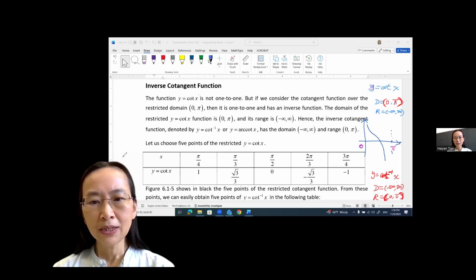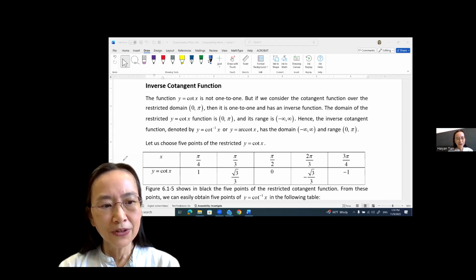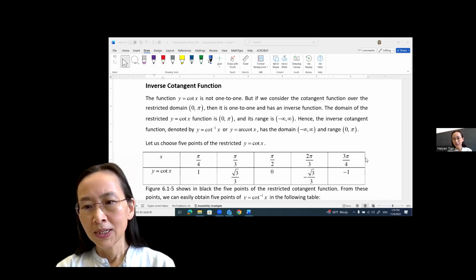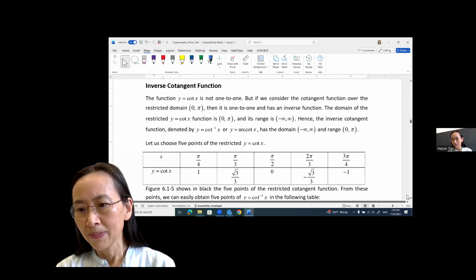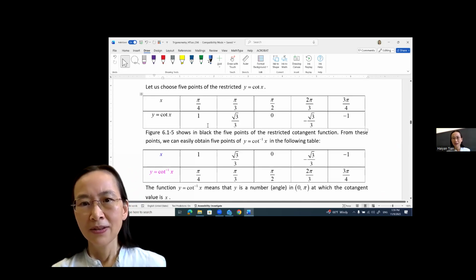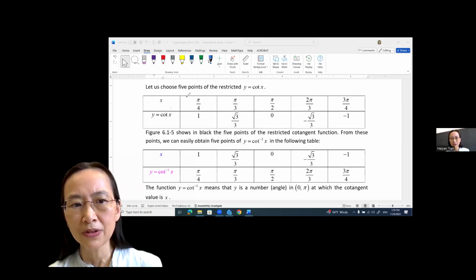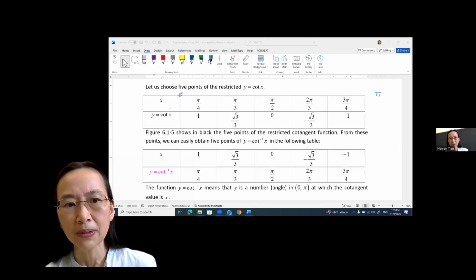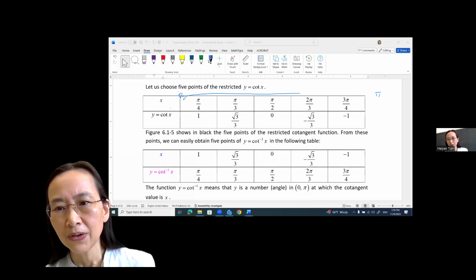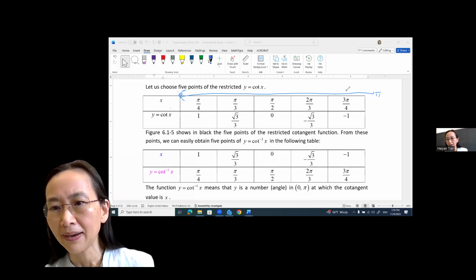Now we're ready to do a sketch. Sketch for the cotangent curve starts from some sample points. For the cotangent curve, we pick some points from 0 to pi, but not including them. So those must be x values bigger than 0 but less than pi.